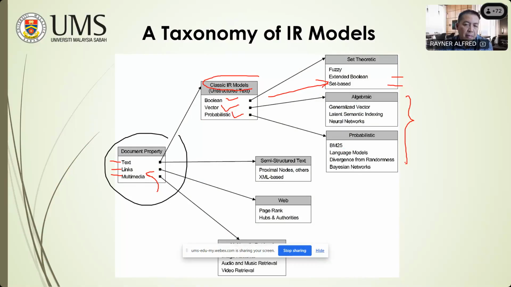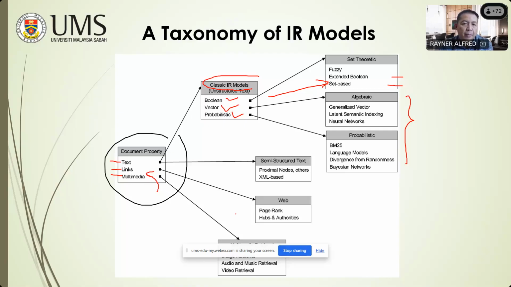Remember nowadays ChatGPT is very popular, right? So ChatGPT uses the same concept in information retrieval. They call it large language model. They use the same concept in which each document or each word will be represented as a vector of numbers that represent many things.